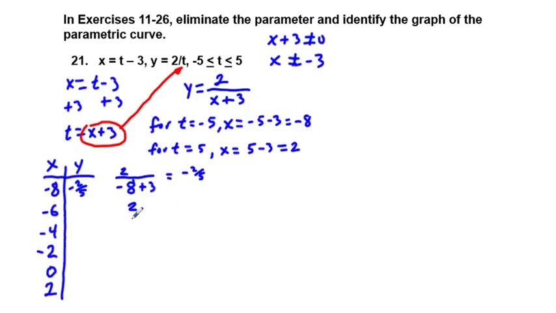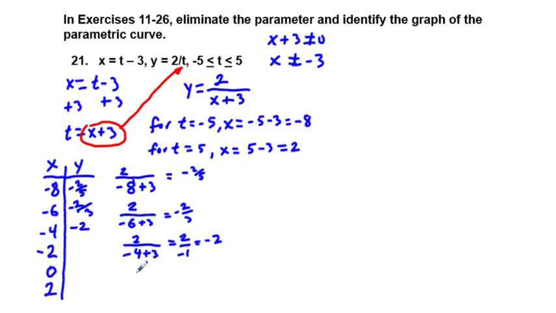For x equals negative 6, we have 2 over negative 6 plus 3, which equals negative 2/3. So we have negative 2/3 adjacent to the input value of negative 6. And for negative 4, we have 2 over negative 4 plus 3, which equals 2 over negative 1, which equals negative 2. So we'll put in negative 2.